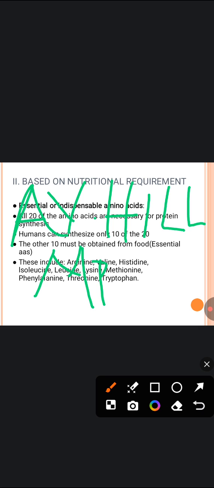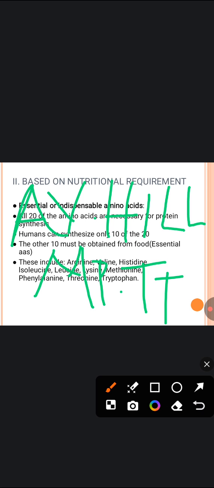You can see the code we use to remember these amino acids is AB, dot, here, MPTT. If you use this code, you can easily remember these amino acids.